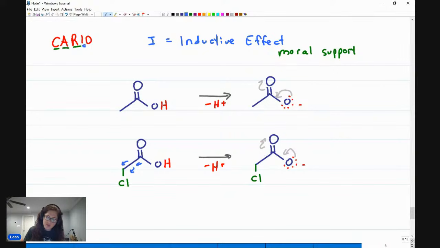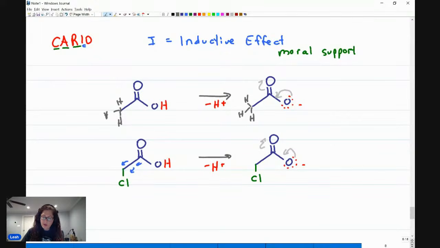So the inductive effect is just kind of pulling on the electrons a tiny bit and therefore making it more stable compared to not having anything. Well, let me clarify, because some professors will trick you and they'll throw a hydrogen on here. And you'll ask yourself, wait, how does a hydrogen react? Well, don't forget, there's hydrogen everywhere. In skeletal structure, if you don't see an atom, it's a hydrogen.